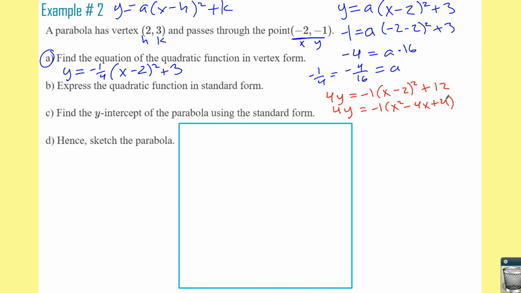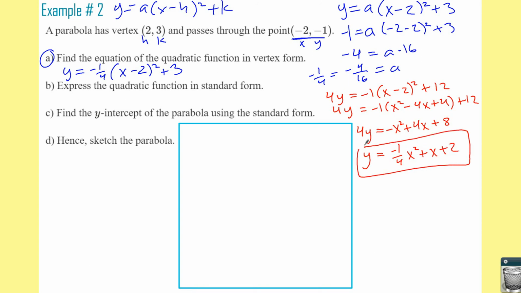I already combined my like terms. Then I get 4y equals -x squared plus 4x minus 4, but plus 12 is plus 8. So then I get -1/4 x squared plus 1x plus 2, divided by 4, and there's my standard form.